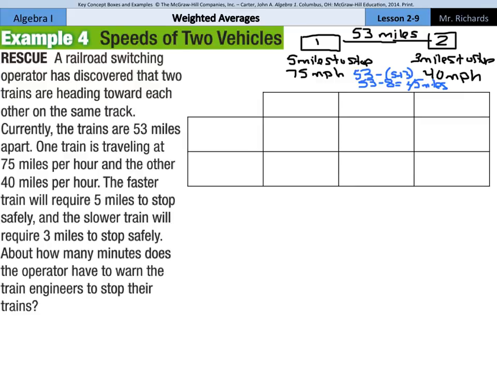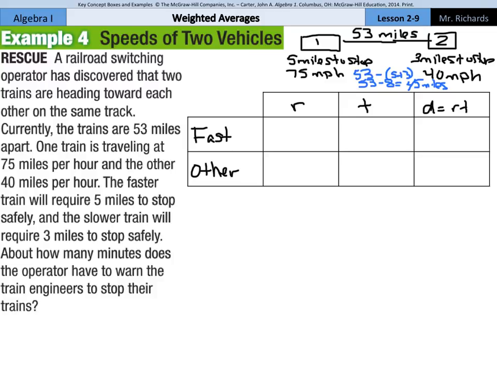Now let's set up our table. We have our fast train. We have our other train. We're not going to call it slow. We're going to call it the other train. And now remember, distance equals rate times time. So we have our rate, we have our time, and we're going to have our distance equaling our rate times time.